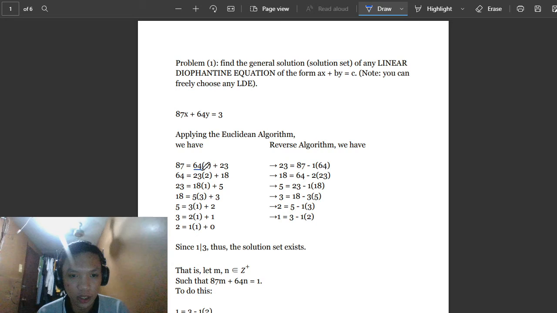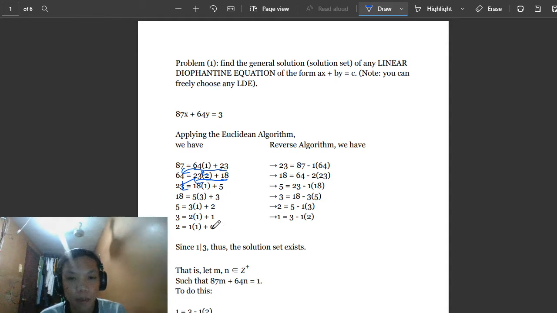The divisor here will be the dividend in the next equation, then the remainder here will be the divisor. Then take the quotient, then another remainder, then make it the divisor, then the divisor here will be the dividend. So this is the Euclidean algorithm.